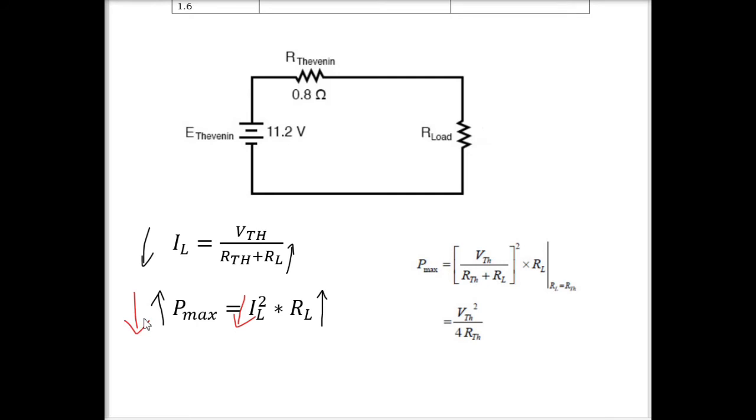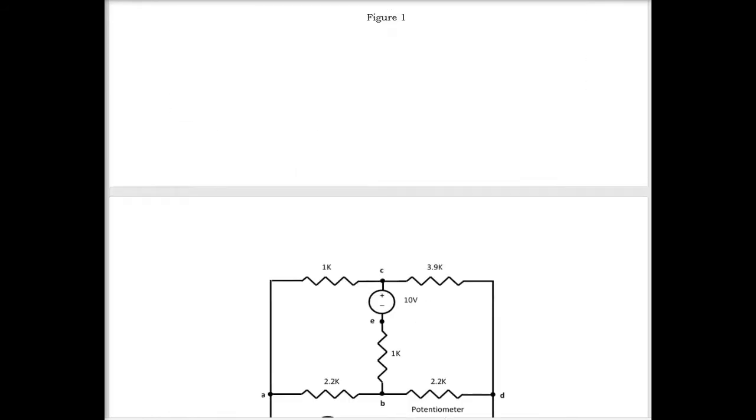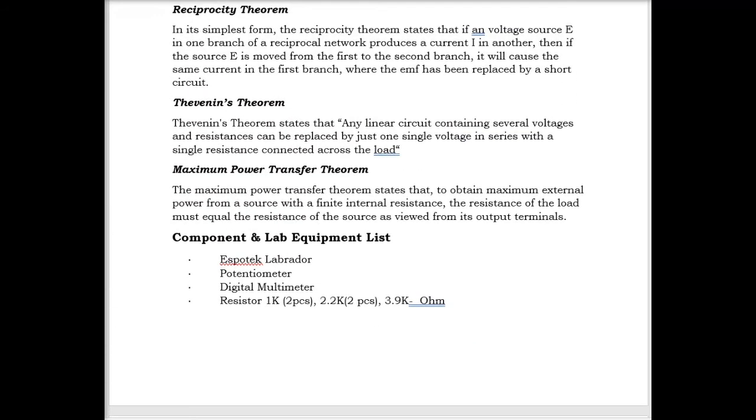But there is gonna be a certain value of the load resistance for which you are gonna get the maximum power across the load terminals. And which is that? Based on the theorem itself, to obtain maximum external power from a source with a finite internal resistance, the resistance of the load must be equal to the resistance of the source as viewed from its output terminals.